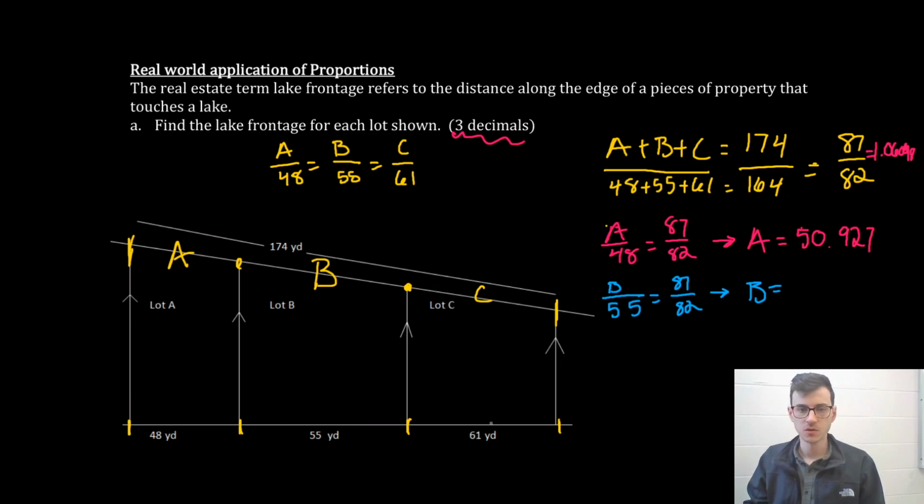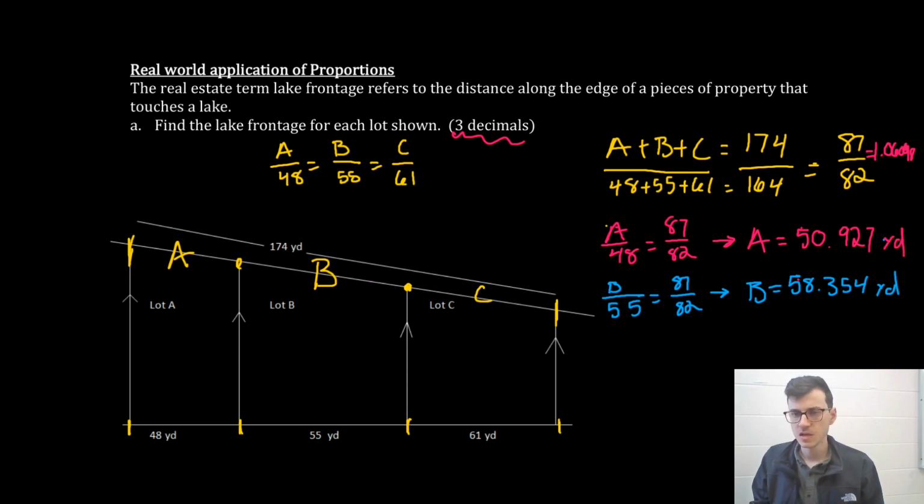Wow, my computer is not happy right now. B equals 58.354. And what is this? Yards?